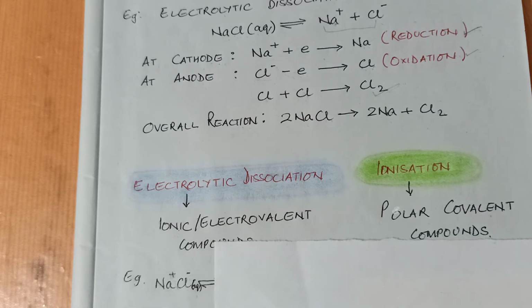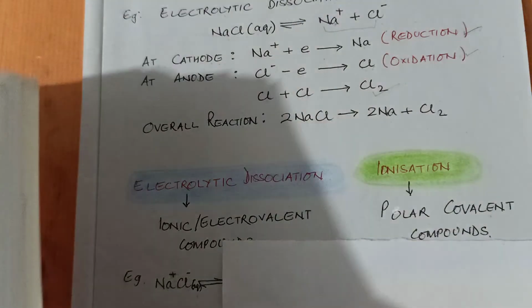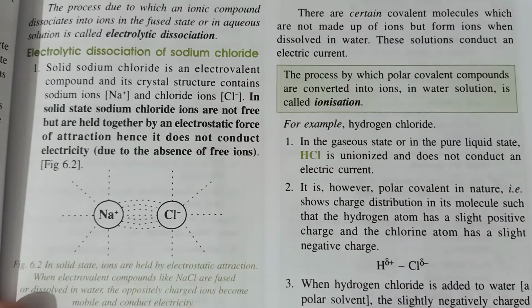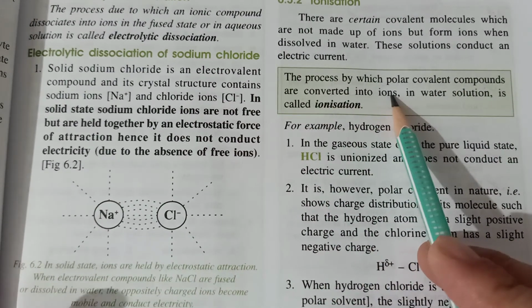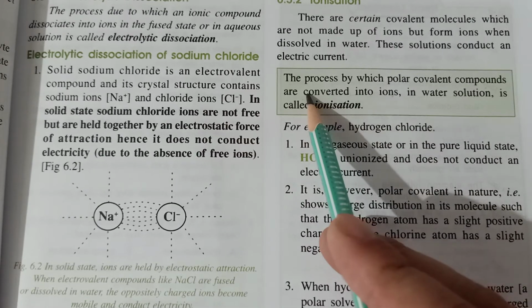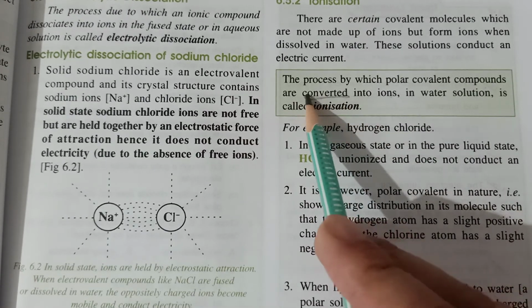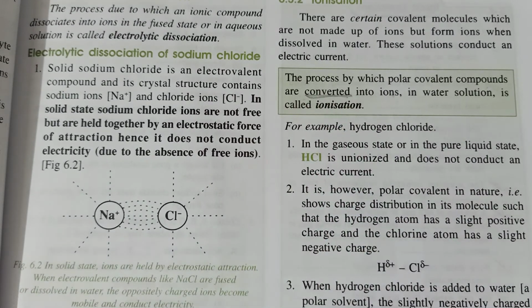Now let us see ionization. What do we understand by ionization? Ionization is the process by which polar covalent compounds are converted into ions. Please mark this word, converted. This means that there are no ions in the compound.